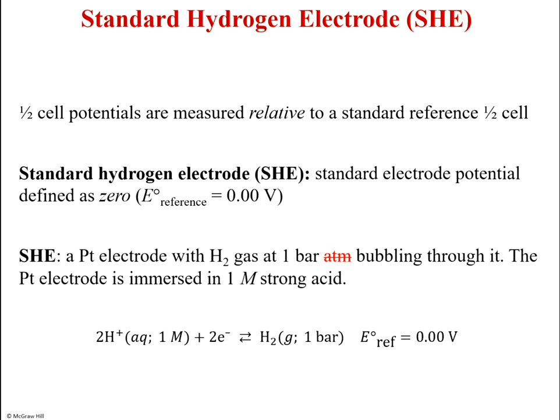Silverberg says it's atmospheres, which is incorrect. The hydrogen is bubbling through a solution, and the platinum electrode is immersed in 1 molar strong acid, so the pH is 0. This is our standard hydrogen electrode and gives us our reference voltage of 0.